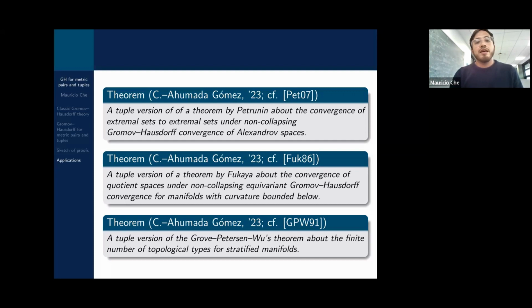That's basically it. Then the second application is based on a theorem by Fukaya regarding the equivariant Gromov-Hausdorff convergence.